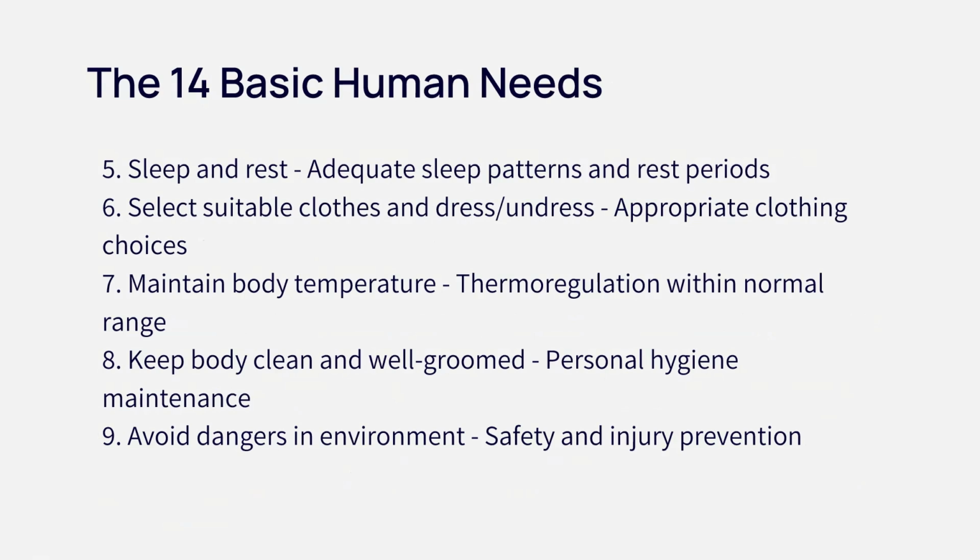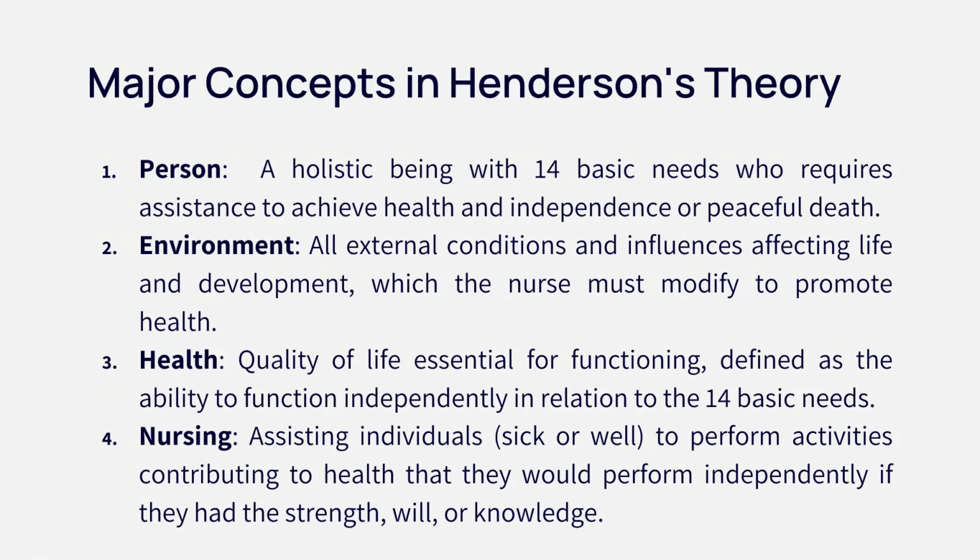We have to assess, as the patient is admitted, from these 14 needs, which needs the patient is unable to achieve, and when he is deficient in achieving such needs, what intervention we can plan to make him achieve these needs. Okay, what are the major concepts in Henderson's theory?